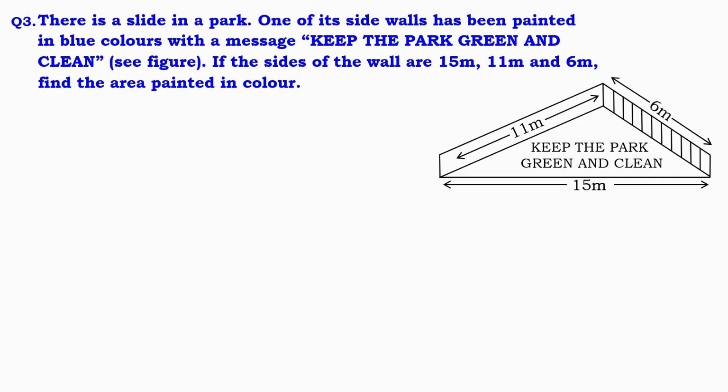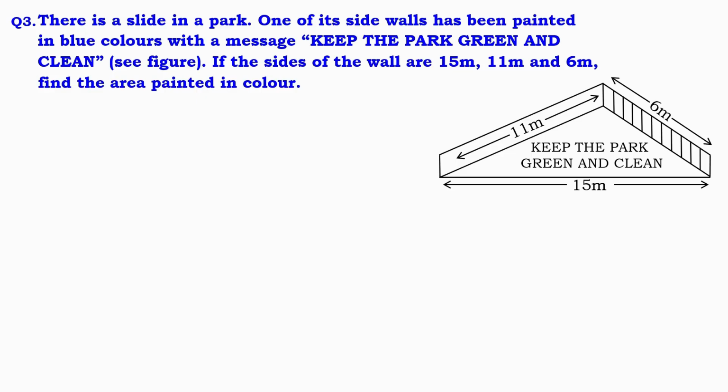Okay. So in this triangular part, the sides are given. They have painted this with blue colors with a message, keep the park green and clean. So now we have to find the area painted in color.